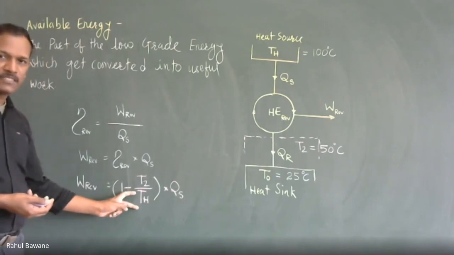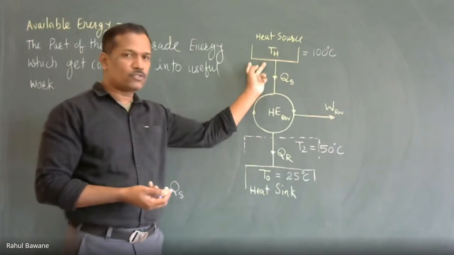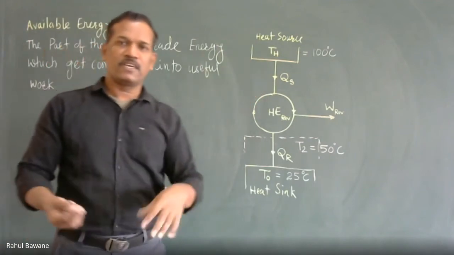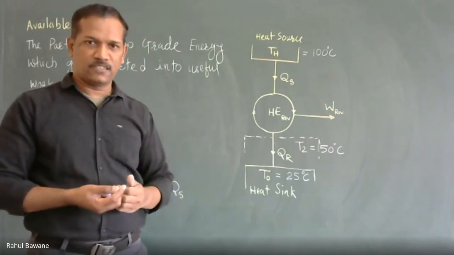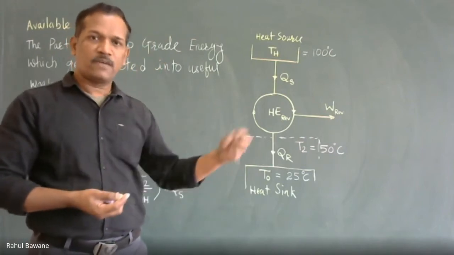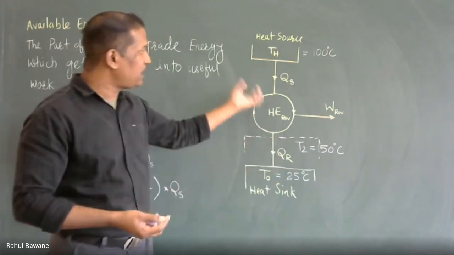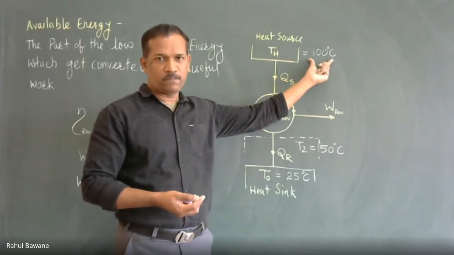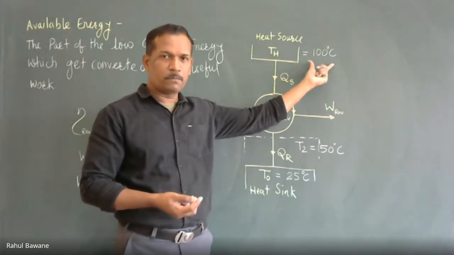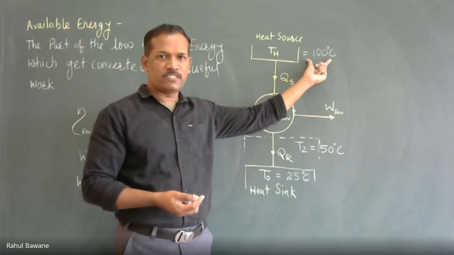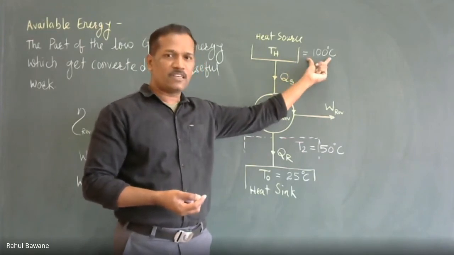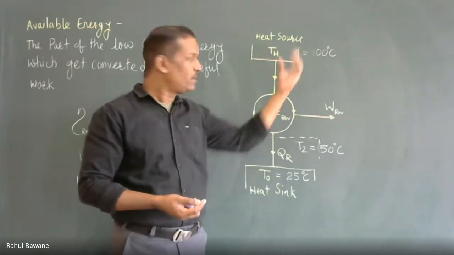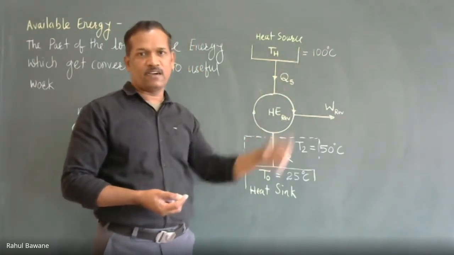Suppose my heat source is the same. That means each time I am burning the same petrol in my IC engine, bike engine. So each time whenever that petrol gets burned, the same heat is generated and the temperature remains the same because it is the same fuel. So each time by burning that fuel, petrol, I am getting 100 degree centigrade temperature. I am getting QS amount of heat available.